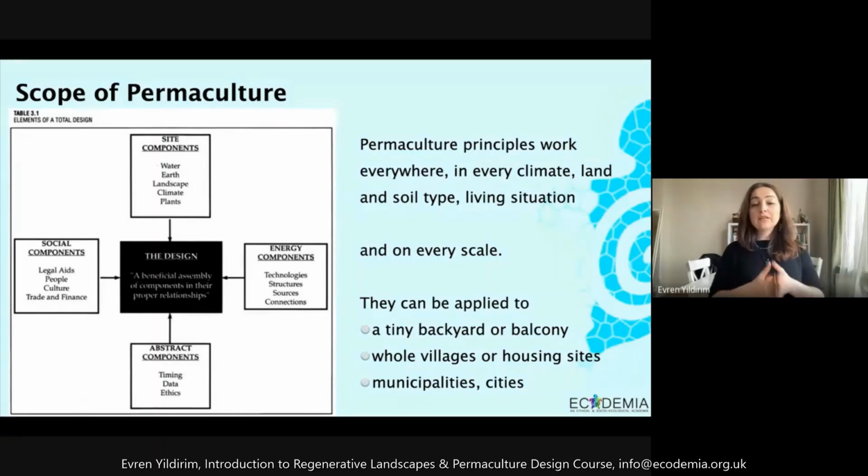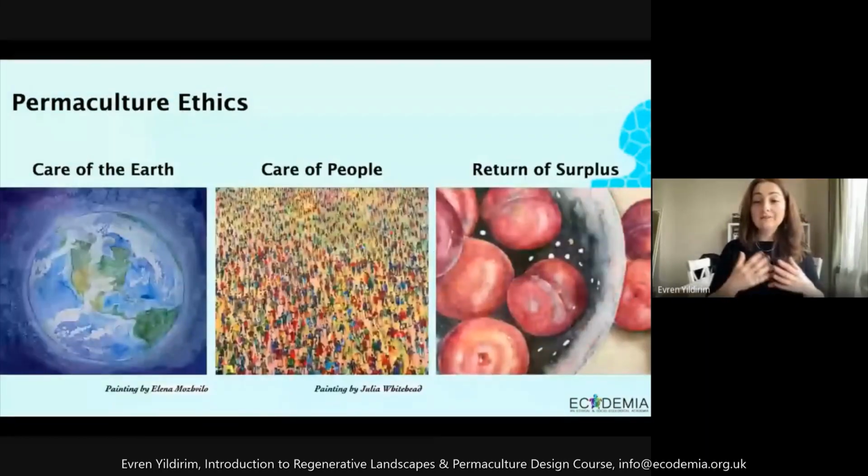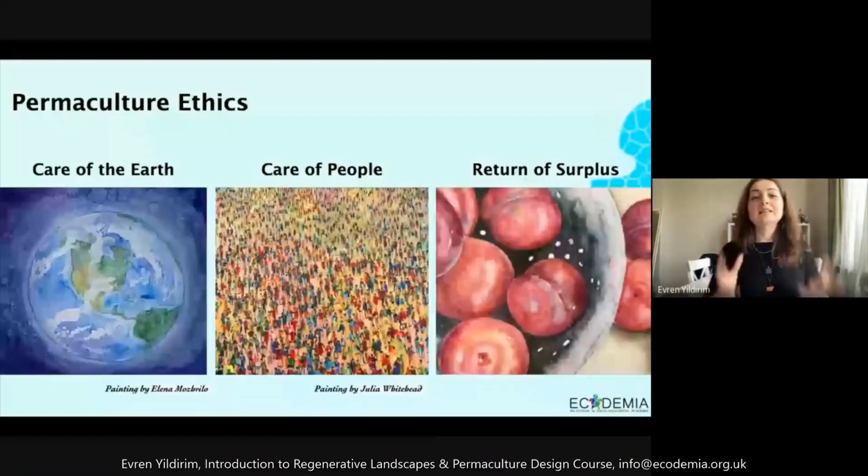And also ethics. We will be talking about ethics because no permaculture definition is complete without talking about its ethics. It's an ethical design science, and when we say it's an ethical design science, we really mean it.